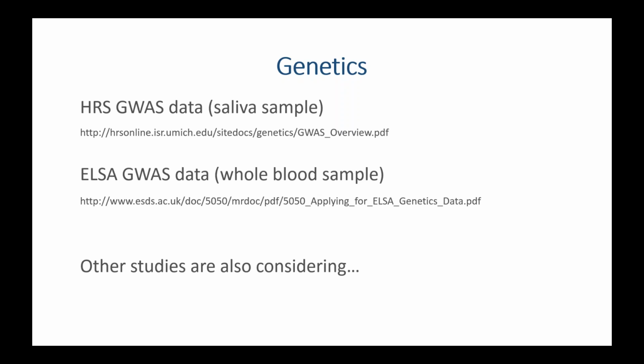So two studies currently have data that includes the HRS, which takes a saliva sample, so that's for the US, and ELSA for England, which takes a whole blood sample. And a GWAS is done, which is a type of genetic processing, and those are all made available for the purpose of research.